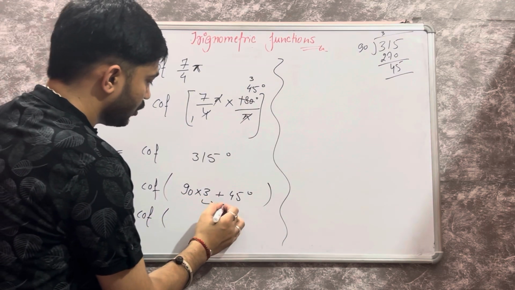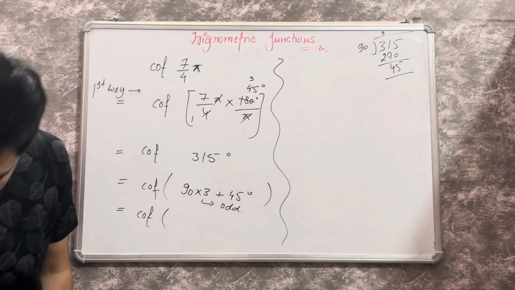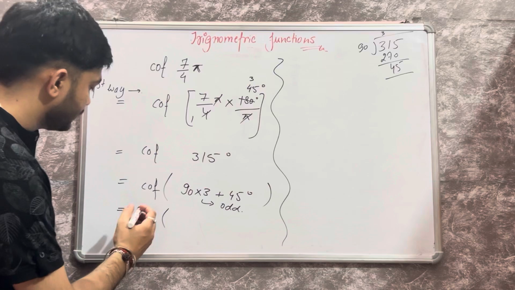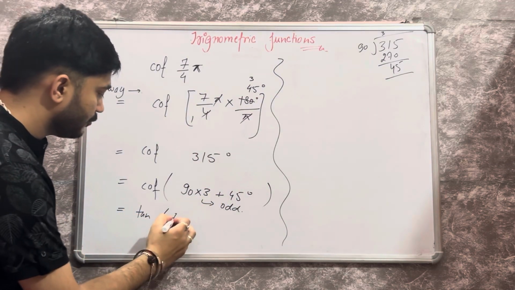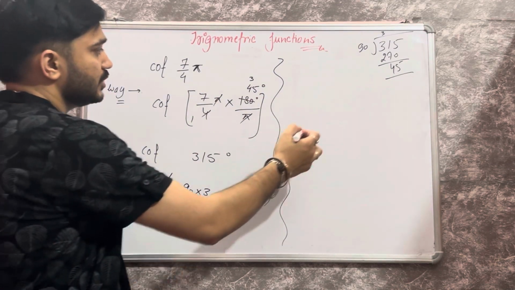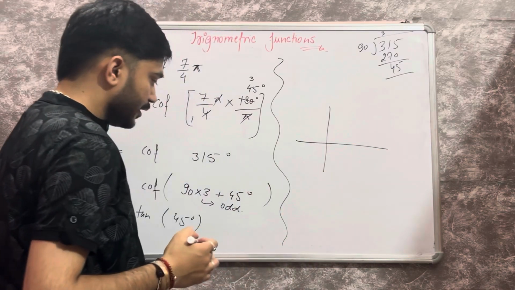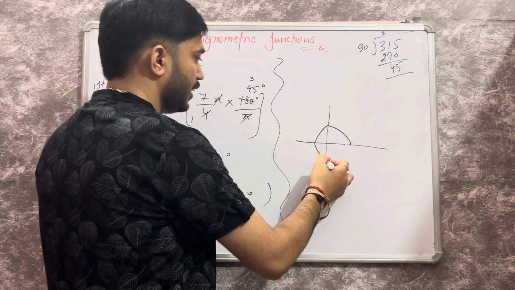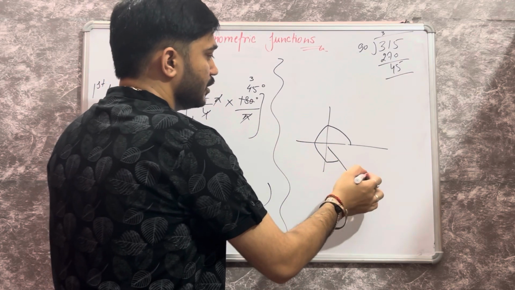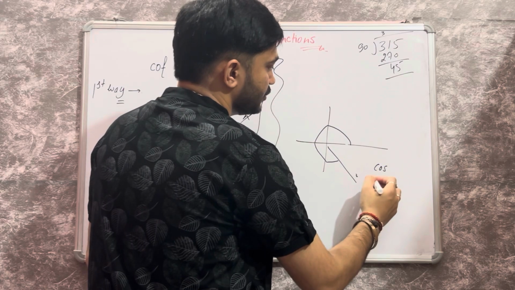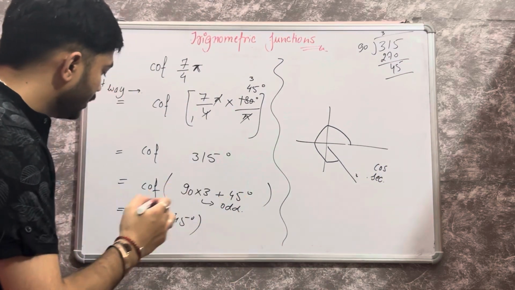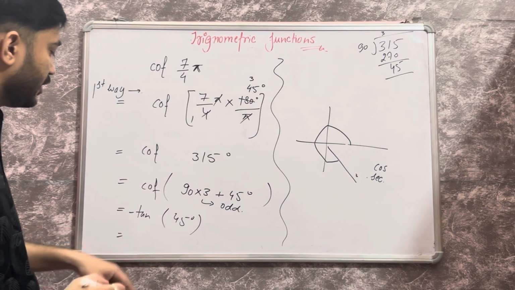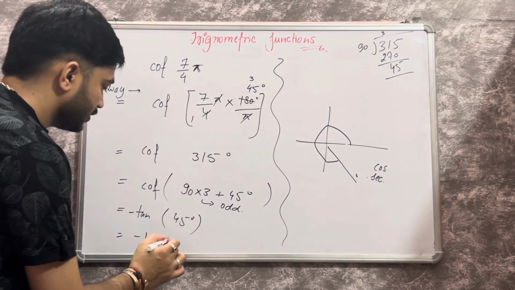Since the number is odd, we change the name of cot, and cot becomes tan here, with 45 degrees. We see whether it is positive or negative: 90, 180, 270, and 45. We are in the last quadrant, where cos and sec are positive. Here it is tan, so a negative sign appears. Tan 45 is 1, so the answer is minus 1.